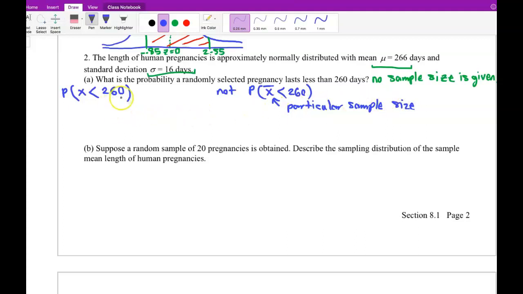Okay, so based on what we have here, this is equal to, again, since we have x, first find z, and z is less than negative 0.38. Remember, z was x minus mean divided by standard deviation.